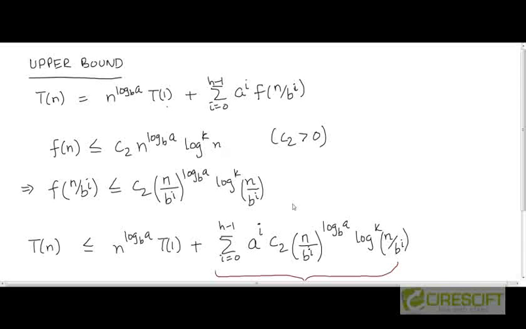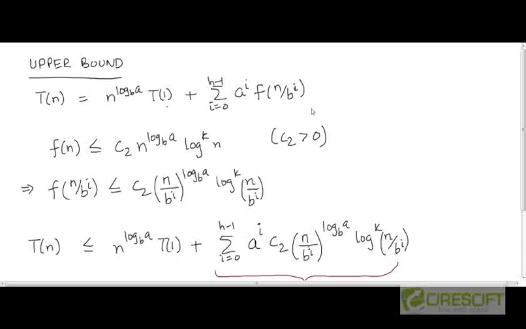Now given this, we could take this term and replace it with the right hand side of this inequality. So imagine replacing f of n divided by b to the power i, which is the left hand side here, by the right hand side. As a result of this substitution, we will be increasing the value of this summation because we are substituting this term by something larger than it.